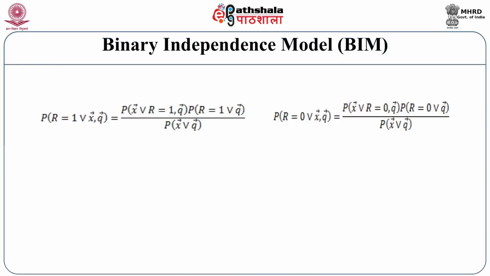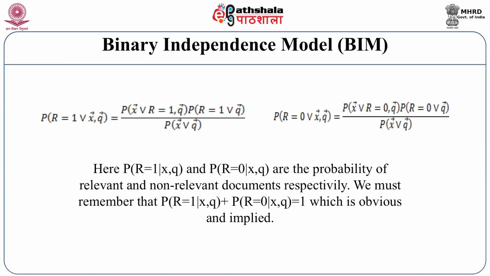So using Bayes theorem, in the case of a relevant document, that is the probability of R equal to 1 given x and q. So this is the expression, you can refer to the slide. And for the non-relevant case, the probability R equal to 0 given x and q, that is the form.